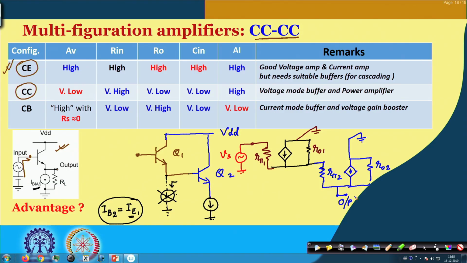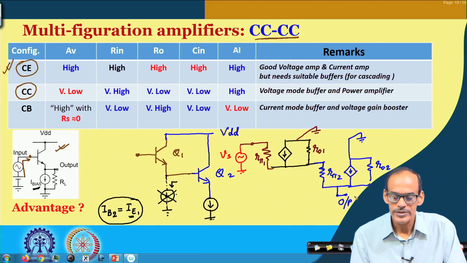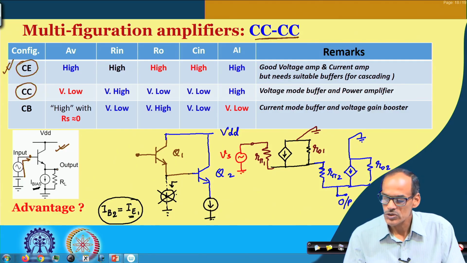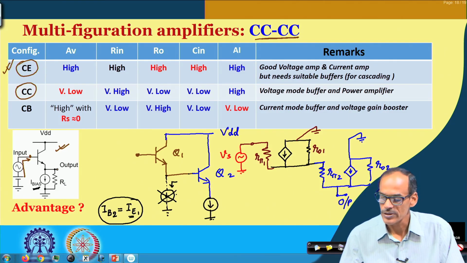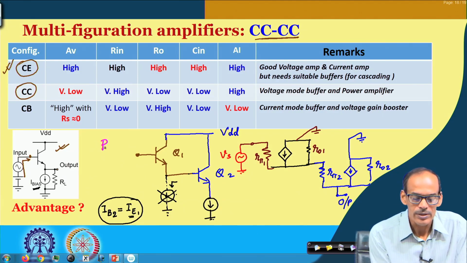Now, what we are looking for is basically two things. One is increasing the input resistance, and we also expect that this will decrease the output resistance. So, let us see how this kind of mixing helps to get higher input resistance.